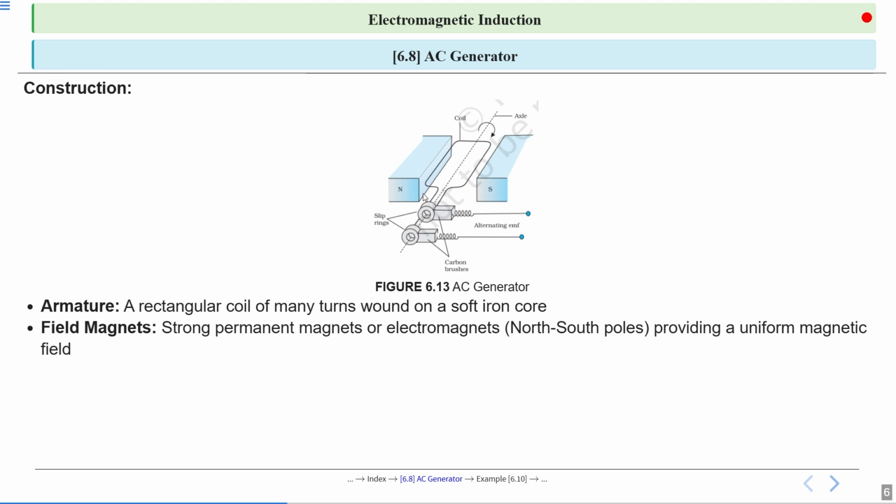How are uniform magnetic field lines shown? Straight lines having the same distance between them. So this is uniform magnetic field lines. The value and direction of the magnetic field is the same at every point.